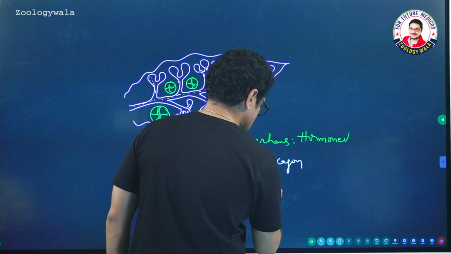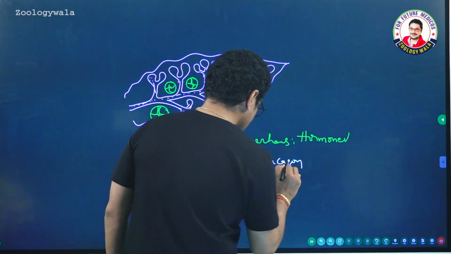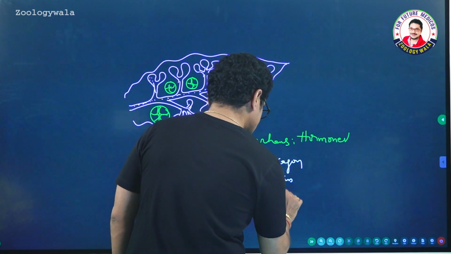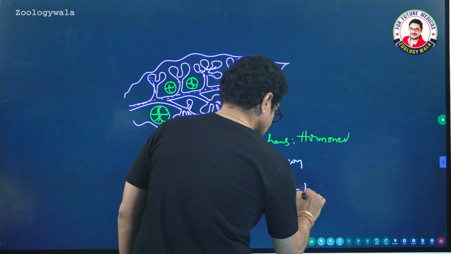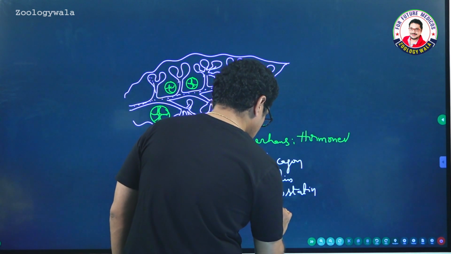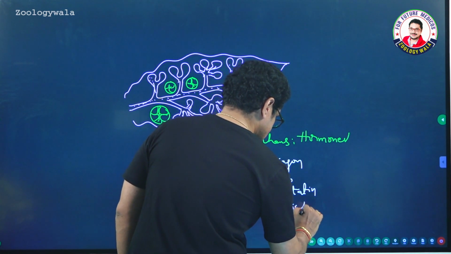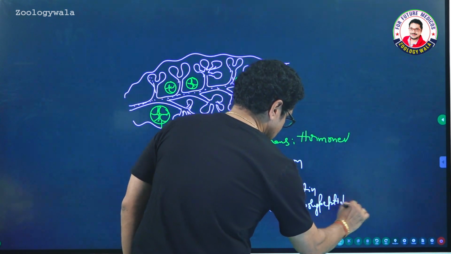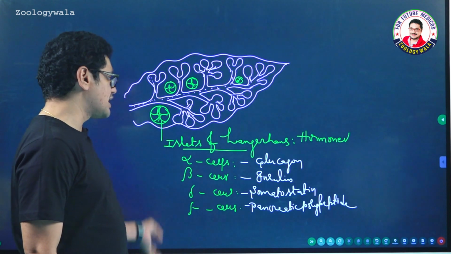Beta cells produce a hormone called insulin. Delta cells produce a hormone called somatostatin. F cells produce a hormone called pancreatic polypeptide. So these are the 4 hormones produced by 4 cells.